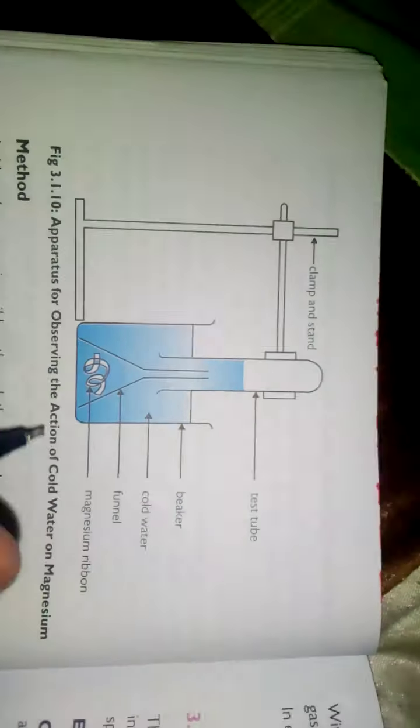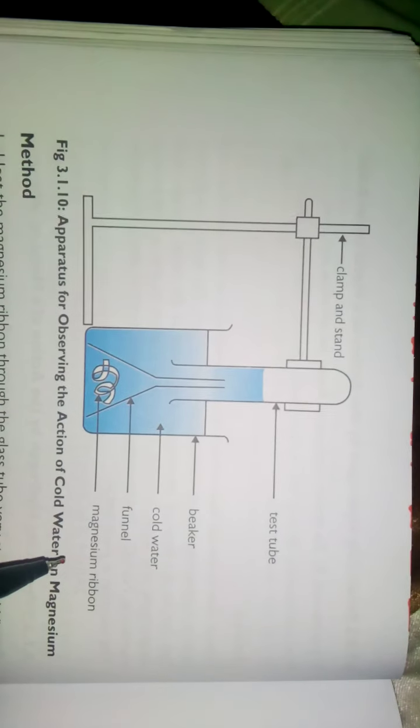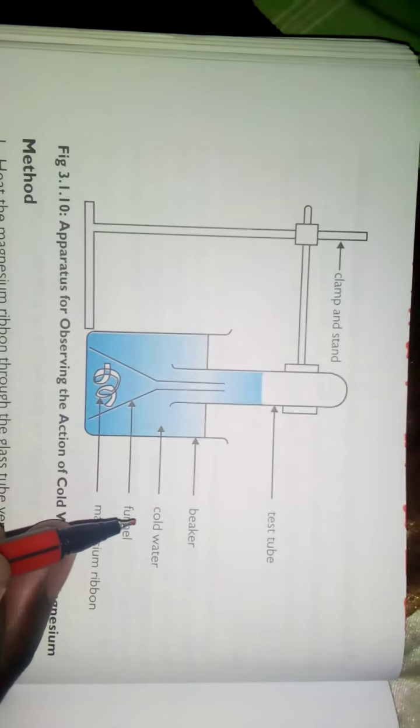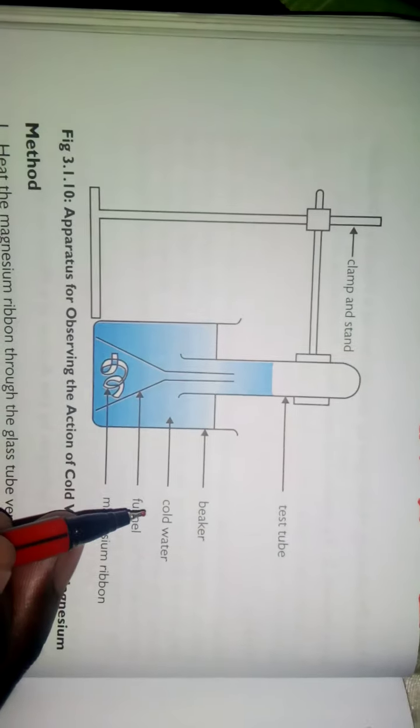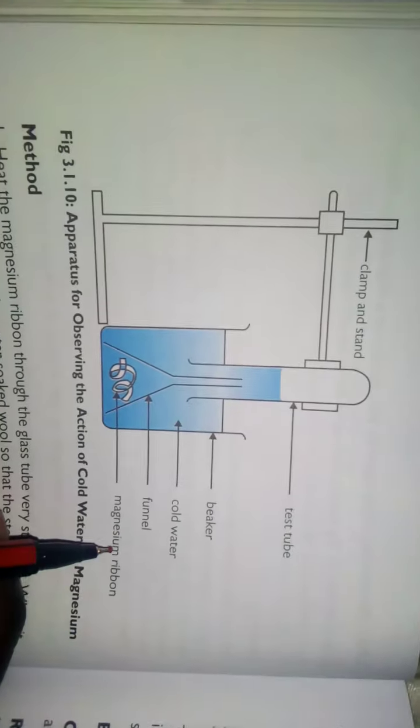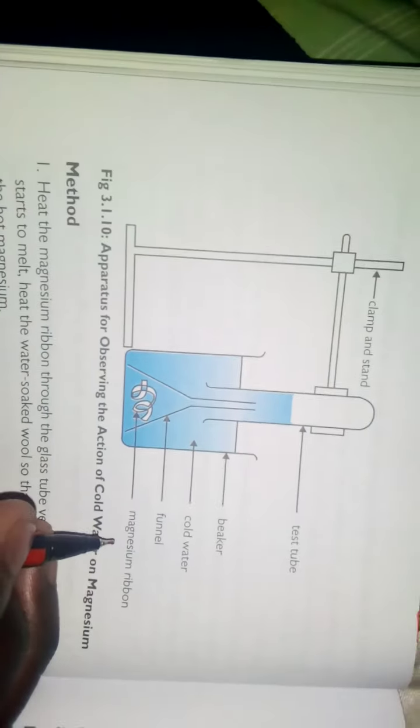The second method is the action of a metal with water. For example, metals like magnesium ribbon react with cold water, and when they do, they give out a metal hydroxide. For example, magnesium plus water gives magnesium hydroxide and hydrogen.